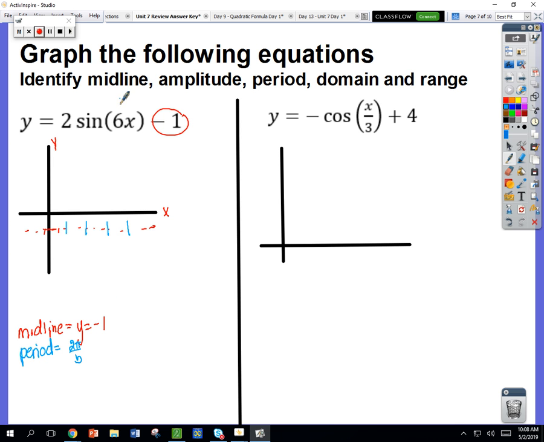And b is whatever's in front of theta, or x. So to figure out the period, I would do 2 pi divided by 6, because that's what's in front of x. So 2 pi divided by 6, I can reduce this fraction to 1/3. So this is 1 pi over 3. And that's where the period ends, pi over 3.